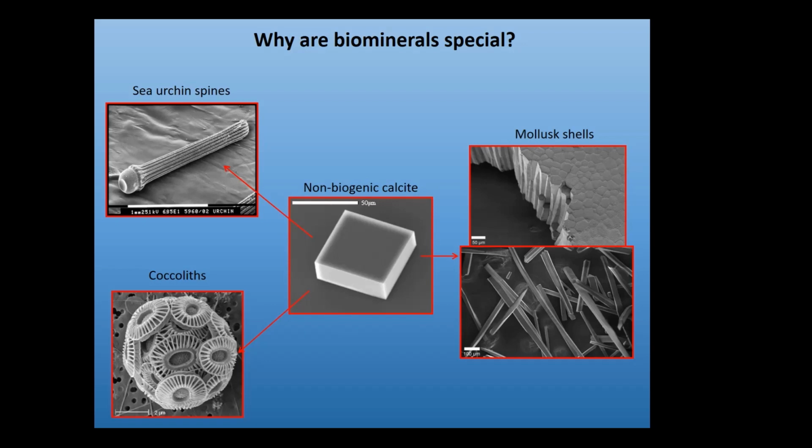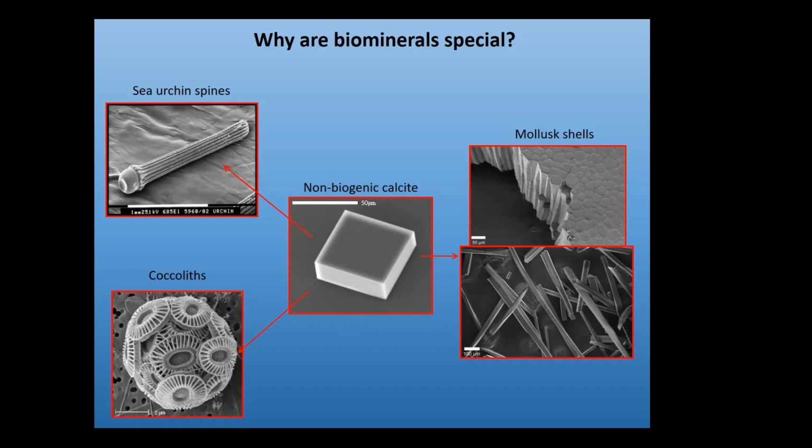And in addition, how do the material properties arise from the organization of those crystals into larger structures, as in a mollusk shell, which is basically a polycrystalline material, right? It's an assortment of tiny crystals glued together by organic material.